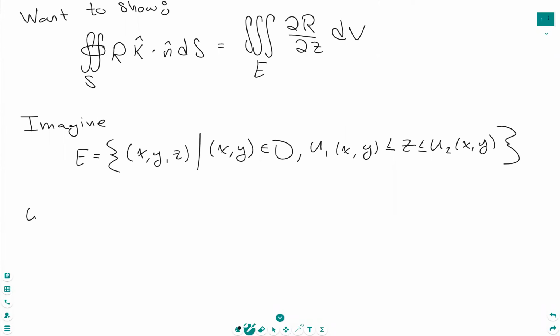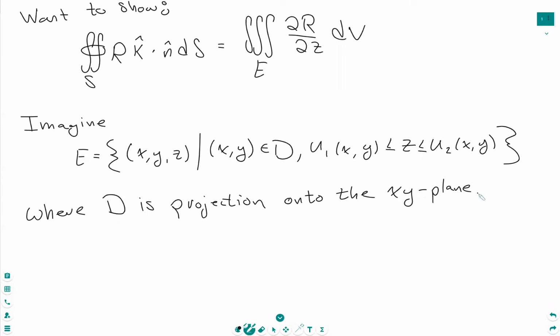So here we have that D is the projection onto the xy plane.